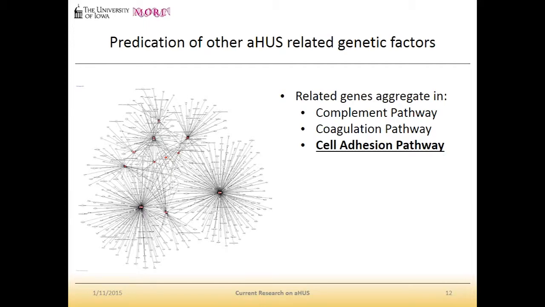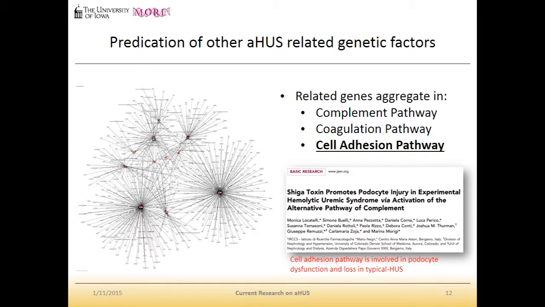It's called the cell adhesion pathway. This pathway is responsible for the adhesion of cells and also for signaling between the cells. More interesting, there's a new paper published earlier this year showing that the cell adhesion pathway is also involved in typical aHUS.